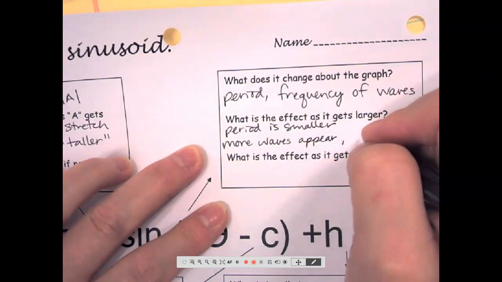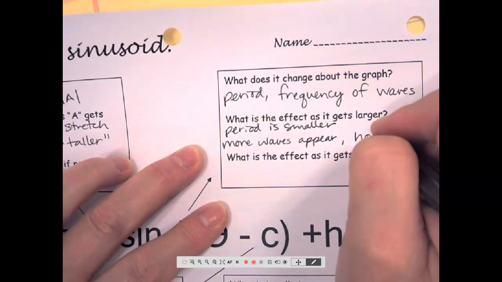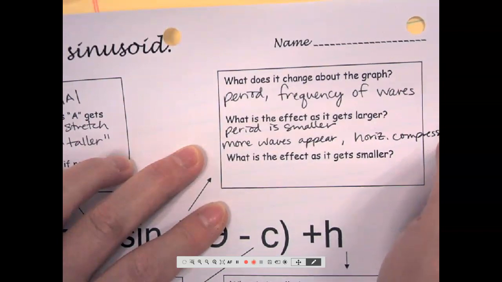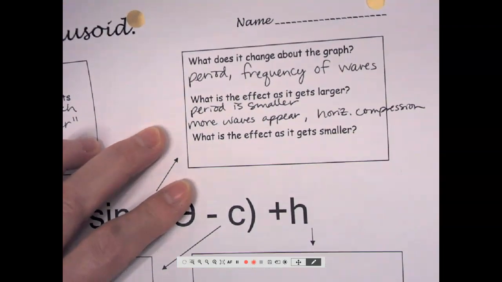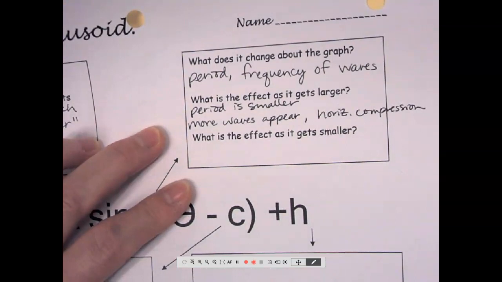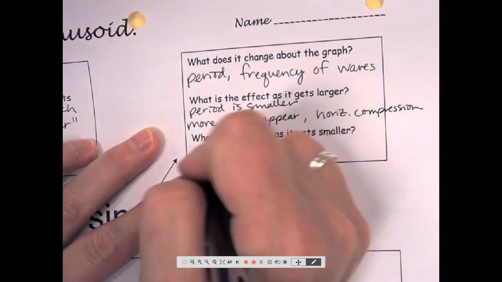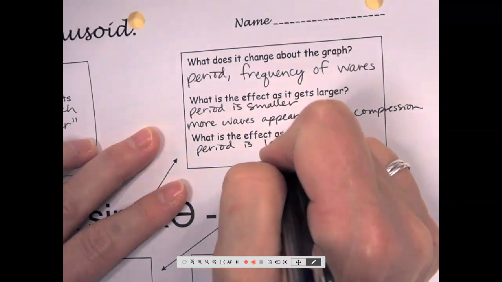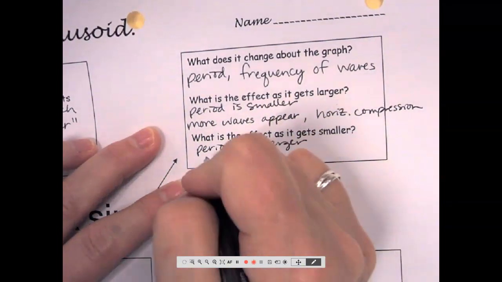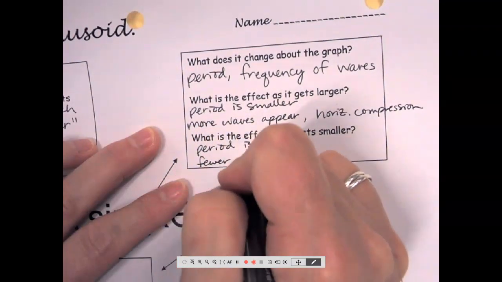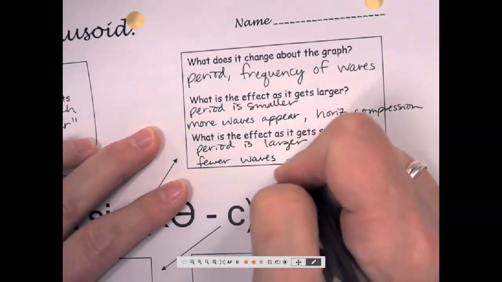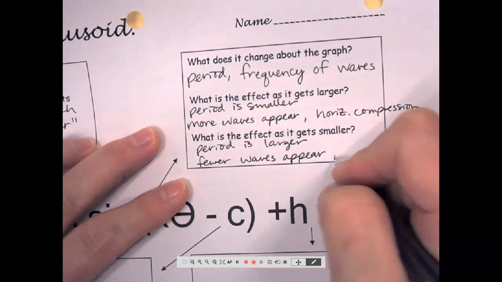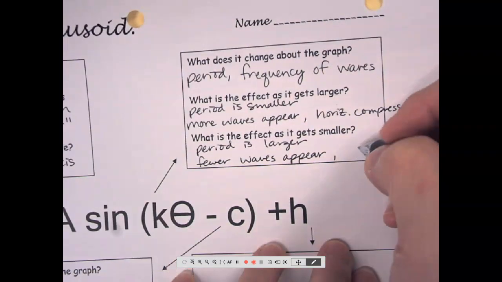In technical term, it's a horizontal compression. Okay, so as it gets smaller, then the opposite will happen. The period is larger. Fewer waves appear. And it's technically a horizontal stretch.